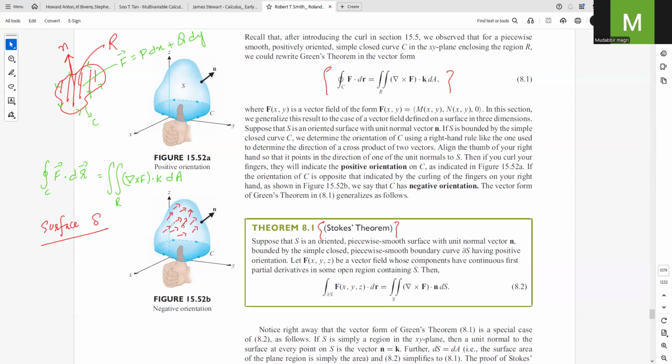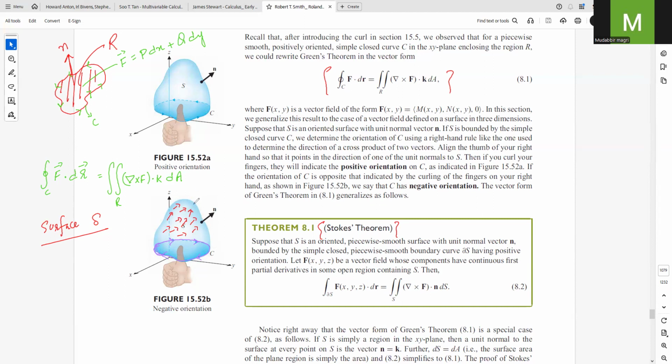So the boundary of this surface is this curve here. You can see that this is the boundary of this surface. This is the boundary with some orientation. This is the orientation of this boundary.